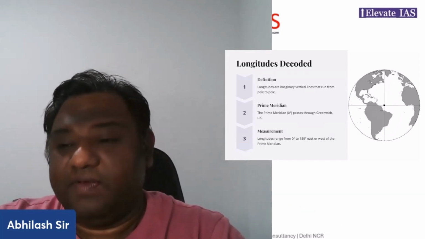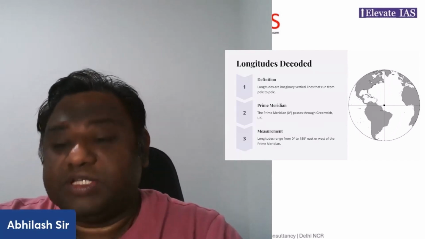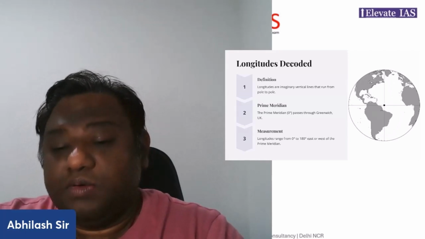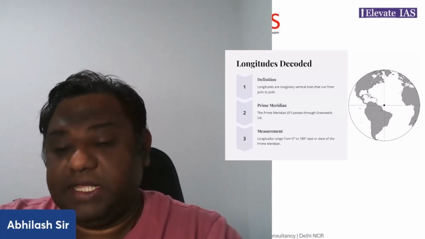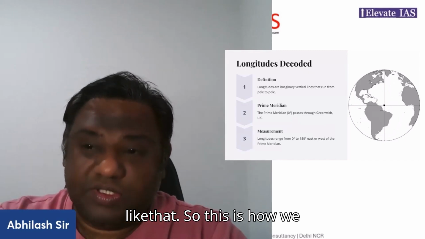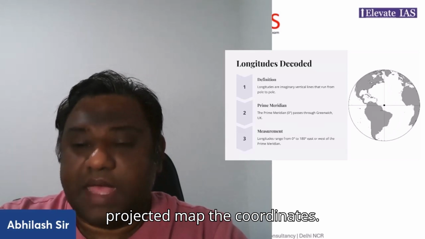On the eastern side of it, that is towards India or Japan, it will be 0 degree, 10 degree east, 20 degree east, 30 degree east, like that. So this is how we calculate and project the coordinates on the map.